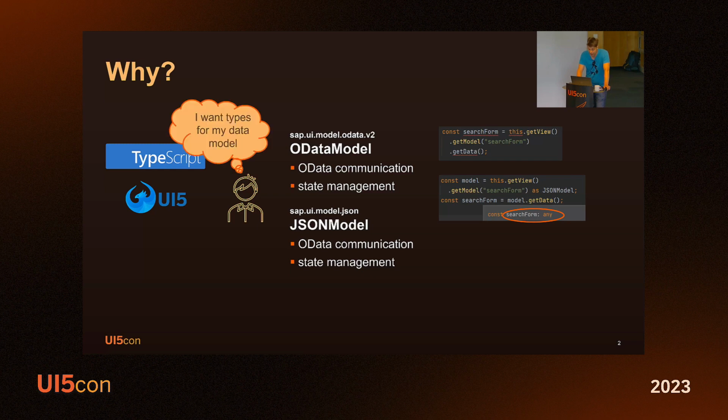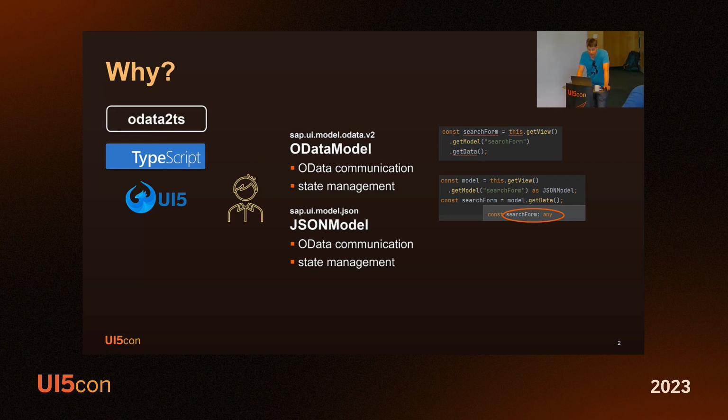Then you get to the question, where do I get my data model from? Or where do I get the types for my data model? And OData 2TS provides a solution for that. It will give you those models. And in the end, you can, again, explicitly type your model.